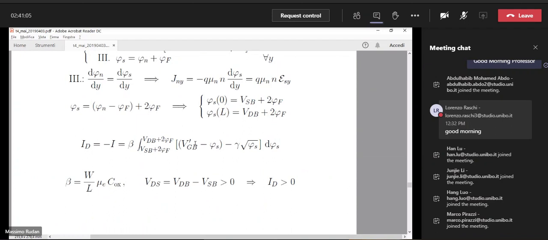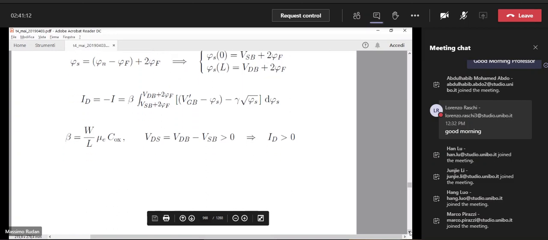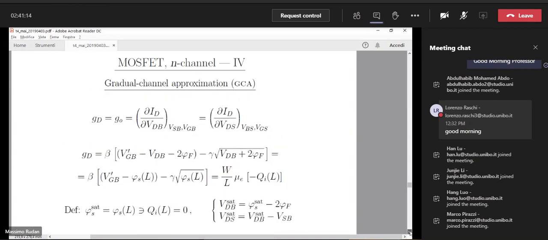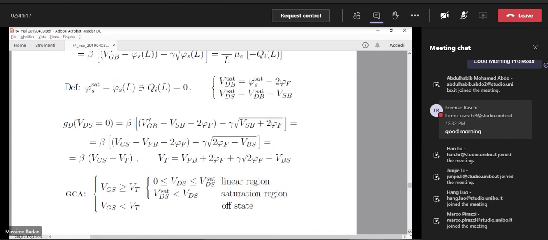Of course, it is not a linear function of the voltages, but it is called the current of the linear region, okay? If we increase the drain voltage beyond the saturation value, we enter another functioning region that is called the saturation region, in which the theory that we have outlined so far is not applicable, okay?